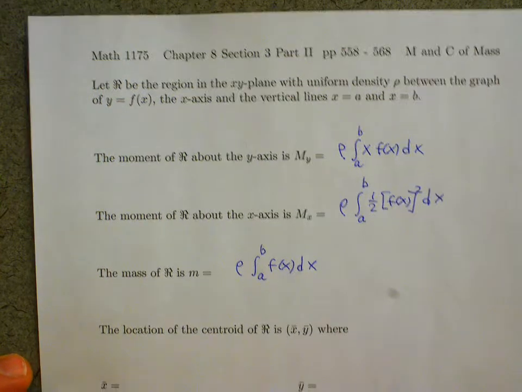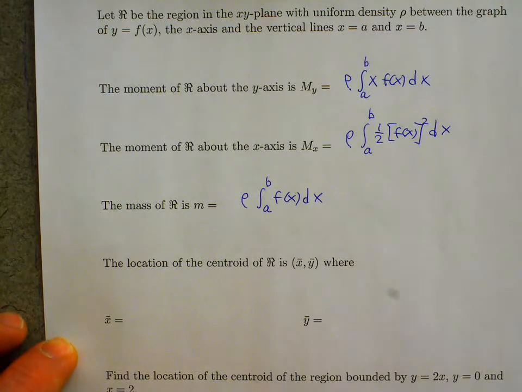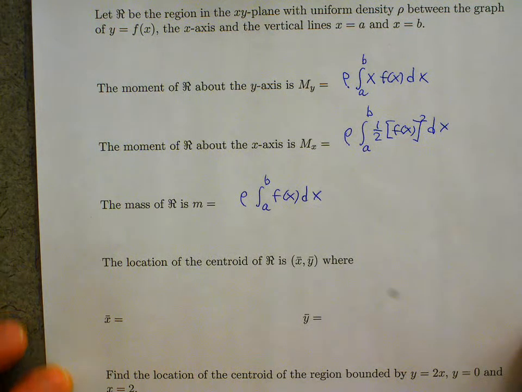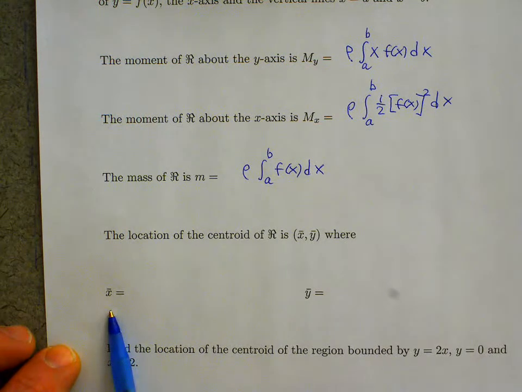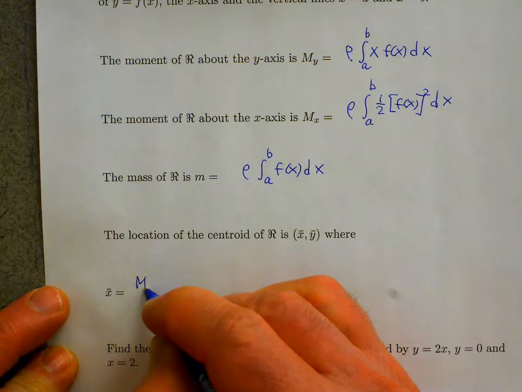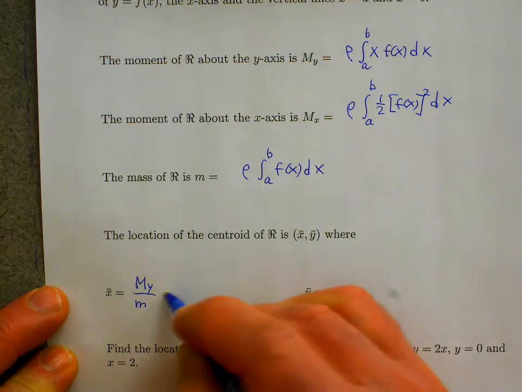Okay, then the location of the centroid of the region R is the ordered pair x bar, y bar. And x bar is the moment of the region R about the y-axis divided by the total mass.